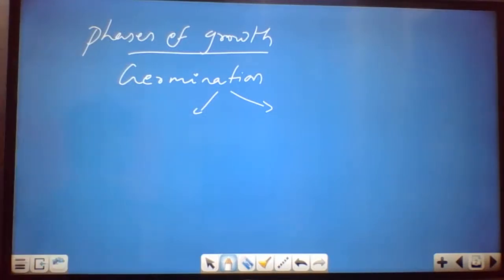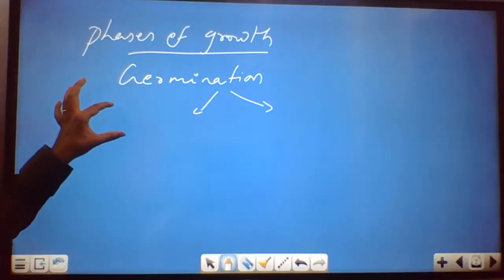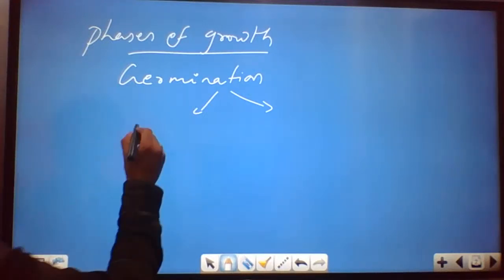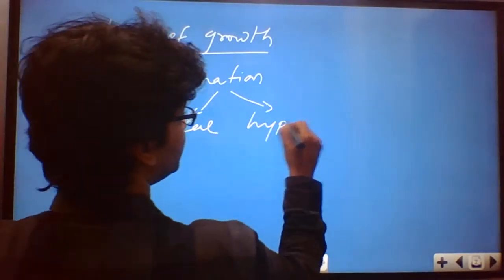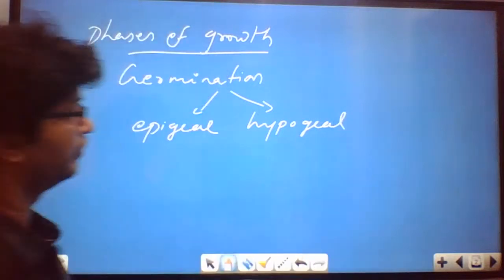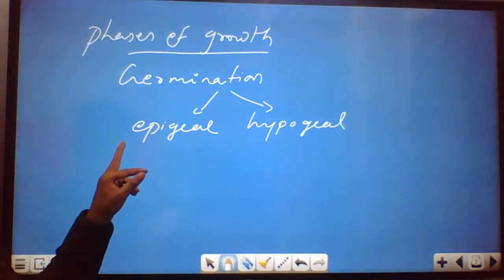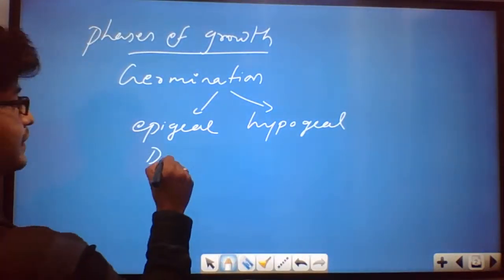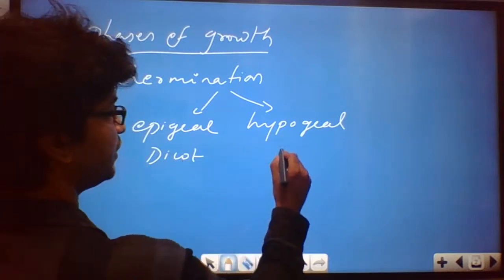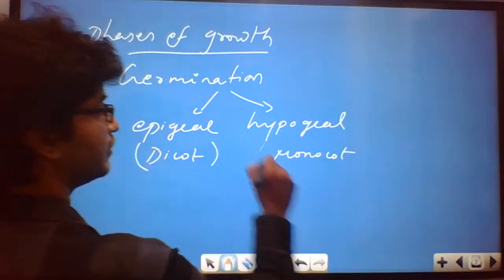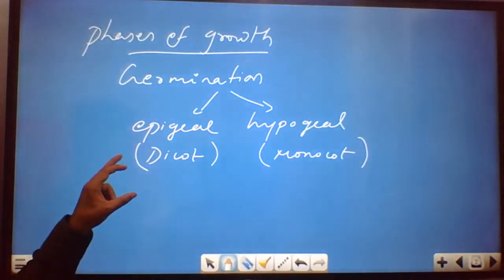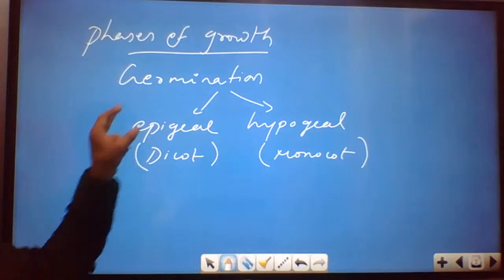Okay, fine. As far as germination is concerned, we have two types of germination: epigeal germination and hypogeal germination. Epigeal germination you could see in the dicot plants, and hypogeal germination you could see in the monocot plants. This we're talking about in terms of germination of the seeds. So what makes the difference?